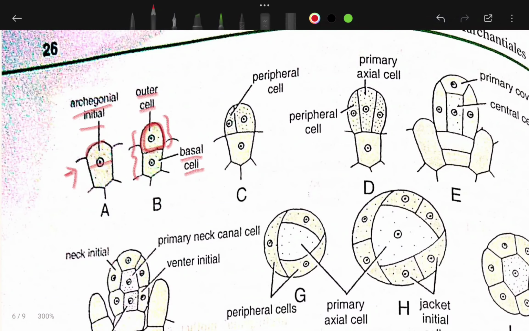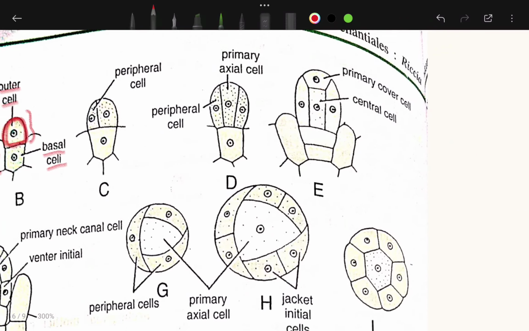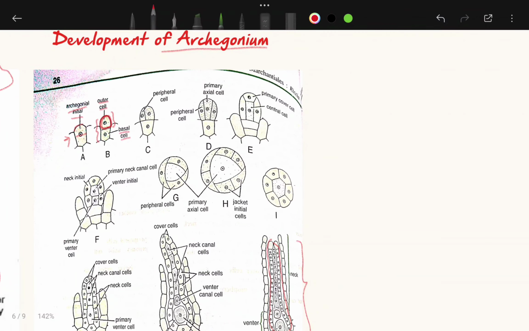So now this outer cell will undergo 3 vertical eccentric intersecting divisions. Okay, so let me write it down here.